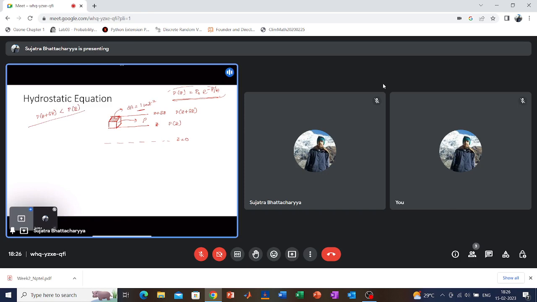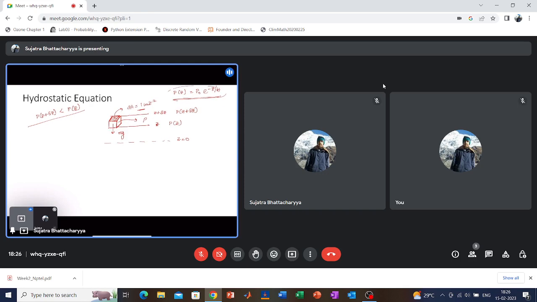Great. Another thing which is acting over this particular air parcel is the gravitational acceleration, that is mg. The force mg will be acting over this particular region. Now, to start, let's write the pressure force which is acting on that particular body.